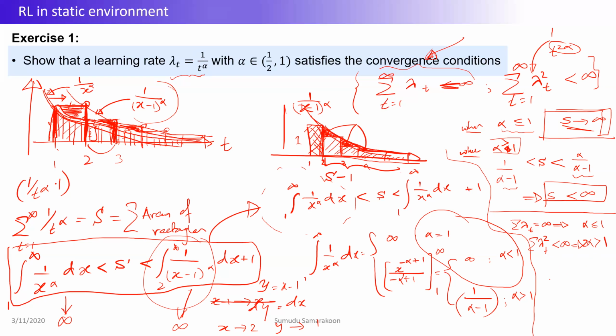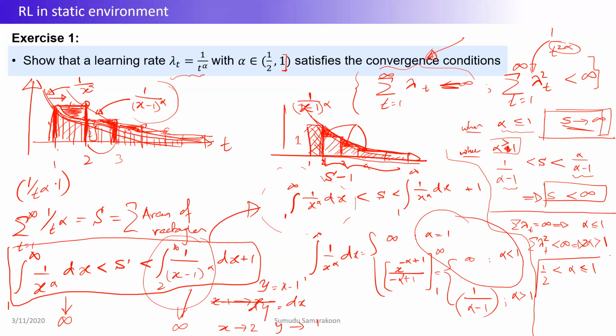So we are going to end up with alpha larger than 1/2 and less than or equal to 1, right? But let me see. Yes, I think this should be like this then.